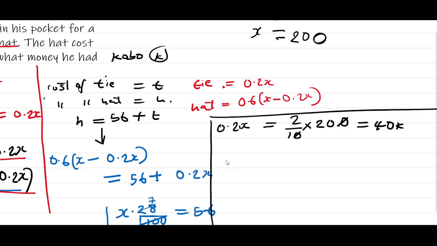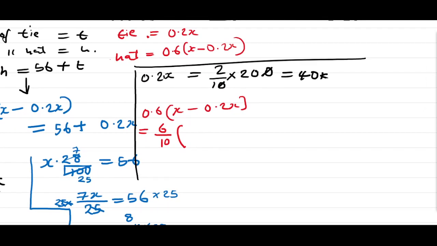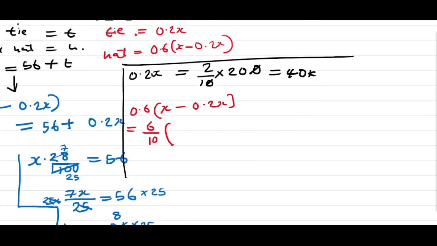So let's see. For the hat here, we have 0.6 multiplied by x minus 0.2x. So I'll write this as 6 over 10 first of all, multiplying. Let's go down a bit, and let me take care of this part here.